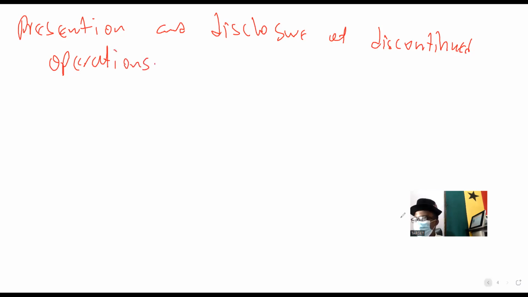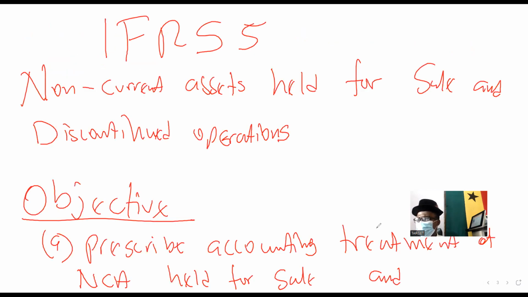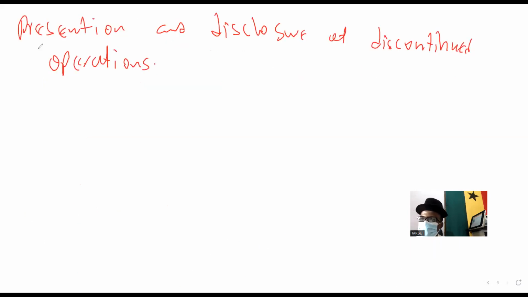So here we are describing two things. Take notice of that. The very first one is to talk about how we should account for any asset that probably has been classified for sale. At the same time, it prescribes how we must present. So you see, the discontinued operation is about presentation.